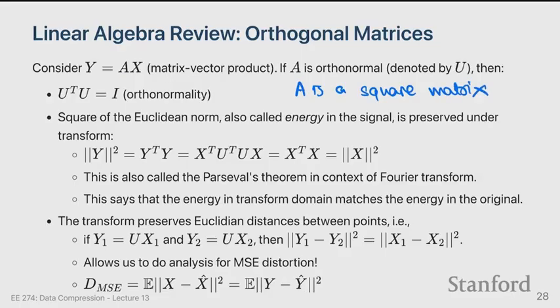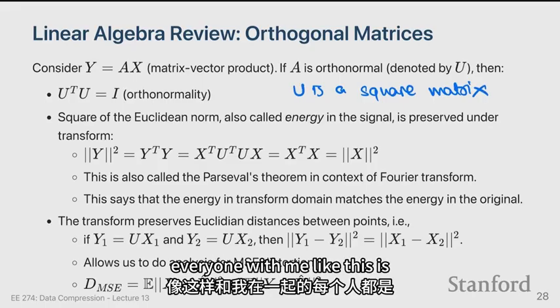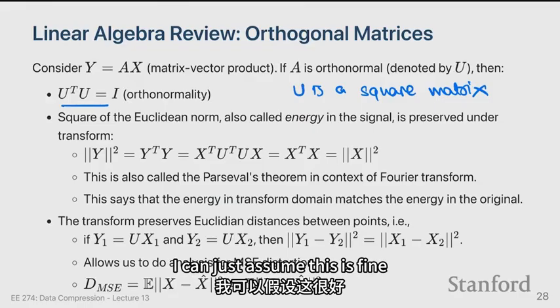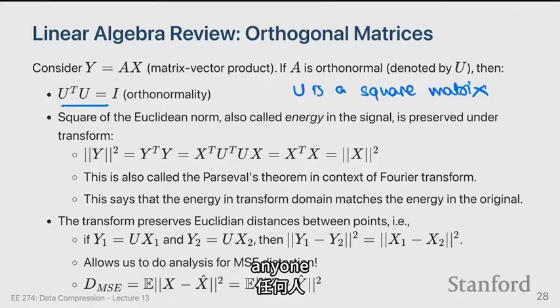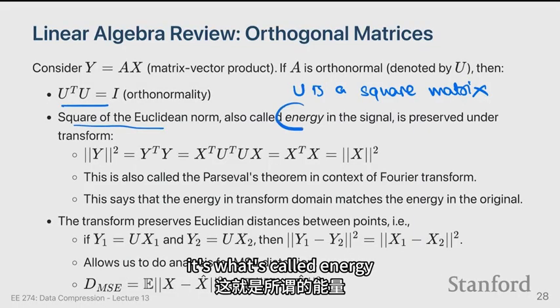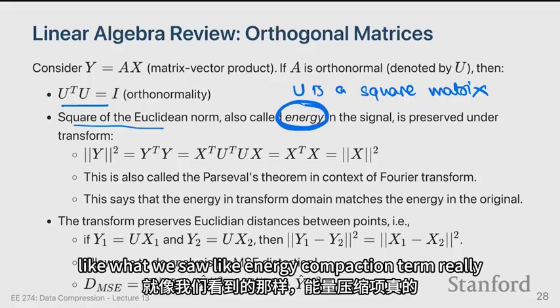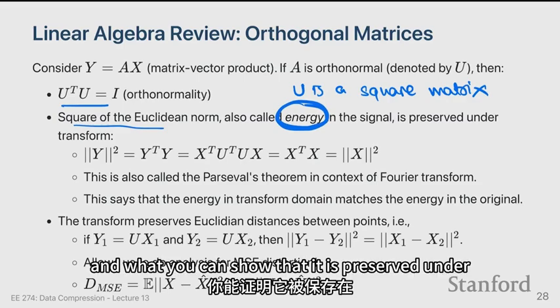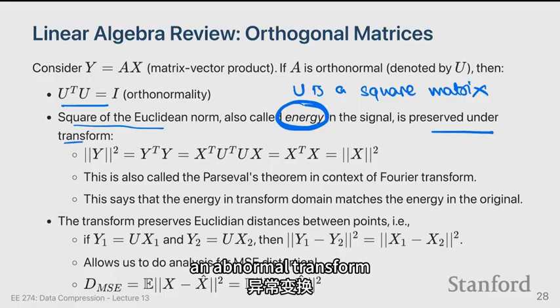Let's write it: U is a square matrix. Everyone with me, I can just assume this is fine? Okay, good. Then the square of the Euclidean norm is what's called energy, like the energy in the energy compaction term. And you can show that it is preserved under an orthonormal transform.